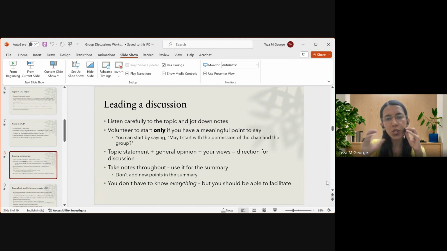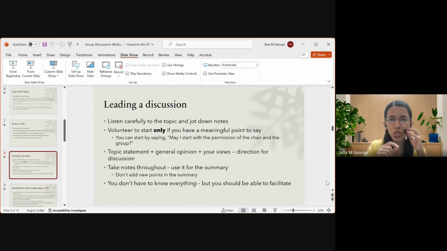You shouldn't be presenting very narrow ideological perspectives on a topic, because if you do that, you're doing the opposite of opening up a topic. You're closing it off, right? So you should be taking a stance which opens up the topic for further discussion, which invites more opinions, which invites even conflicting opinions. So you state the topic, you state the general opinion on it, and then you give your own views on it.